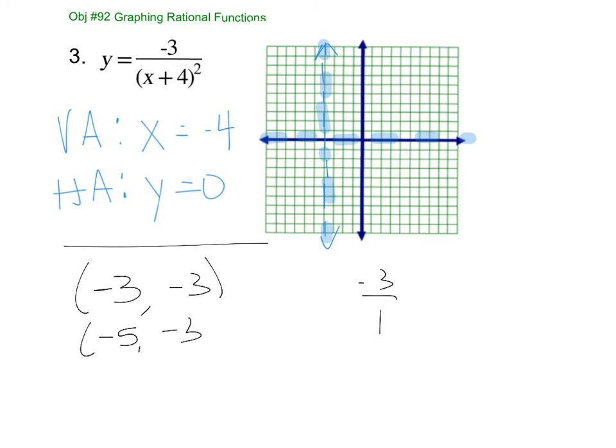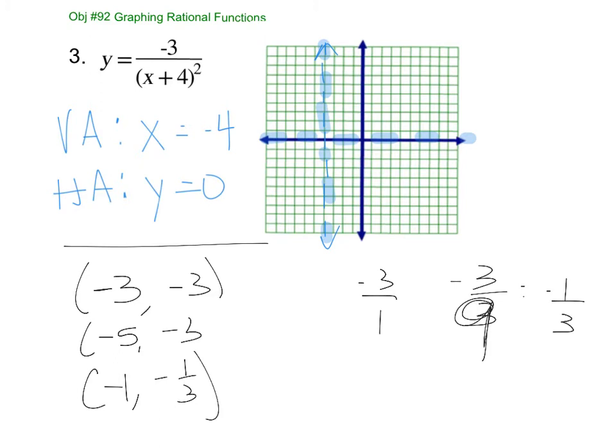And then what will give me a 3 on the bottom? -3 over 3 and -1. Right, -1, nope, just kidding. I can't get 3 on the bottom because I'm squaring it. If I plug in -1, I get -3 over 9, so that's -1/3. We can do that. That's okay.